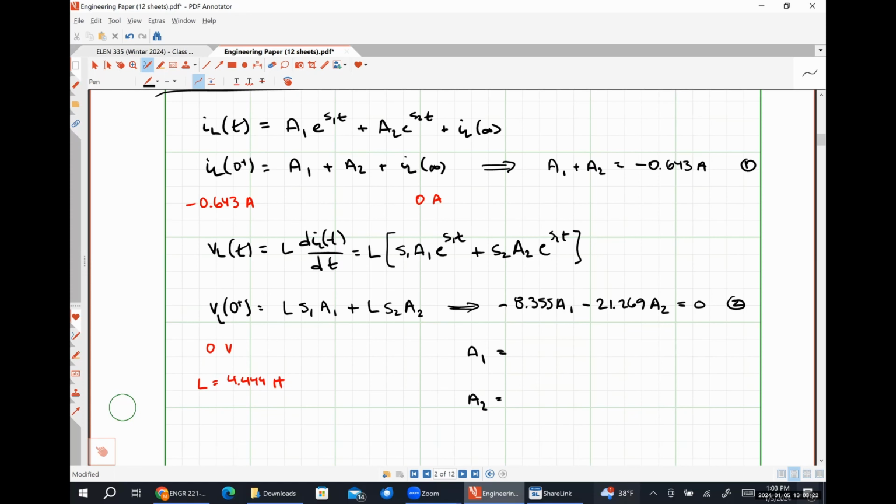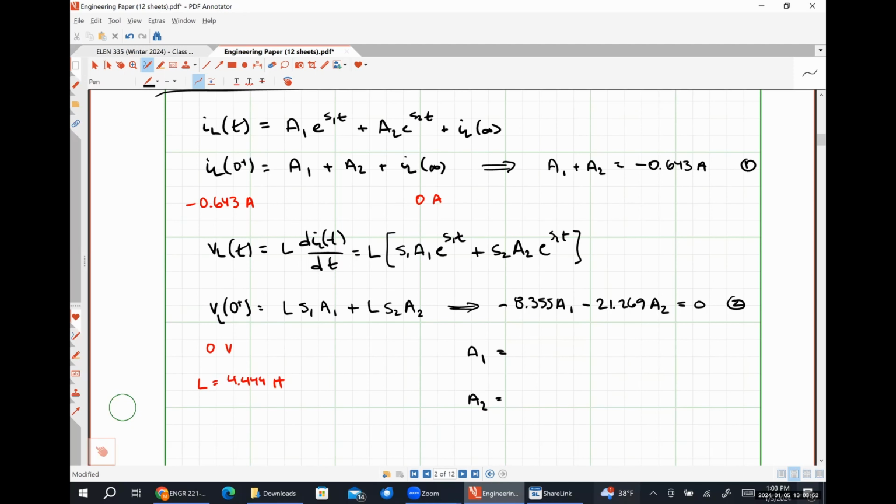So, system solver, 2 equations, 2 unknowns. Coefficient for A1 is 1, coefficient for A2 is 1, constant term is negative 0.643. Coefficient for A1 in my second equation is negative 8.355. Coefficient for A2 in my second equation is negative 21.269.